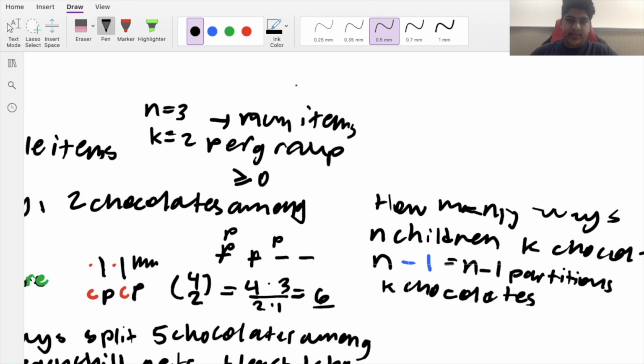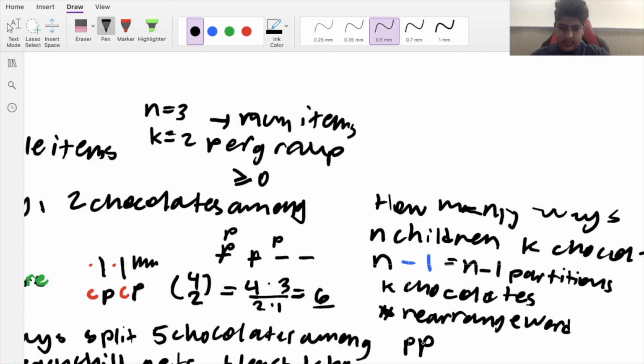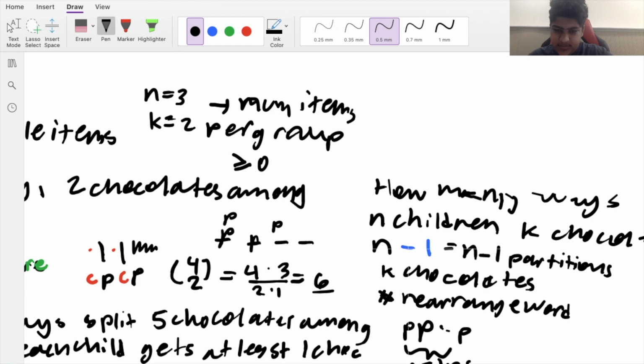So now, we can think of this problem as the number of ways to rearrange the word P dot dot dot P, where there are n minus 1 P's, and then we have C, where there are k C's.